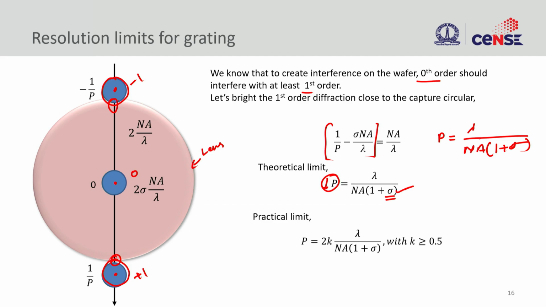This partial overlap is good enough to get my 0th order and my -1 order, and with these two I will be able to image the feature that I had. If I used a coherent light, it is impossible to image. They are far away from my lens plane. So this is how we achieve higher resolution by using partially coherent light in place of a coherent system.